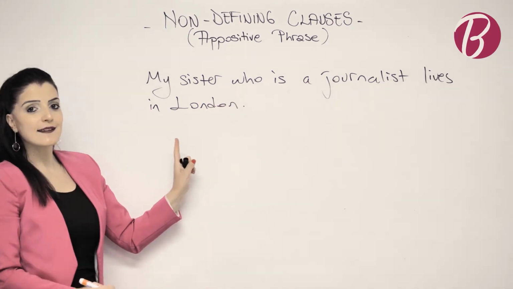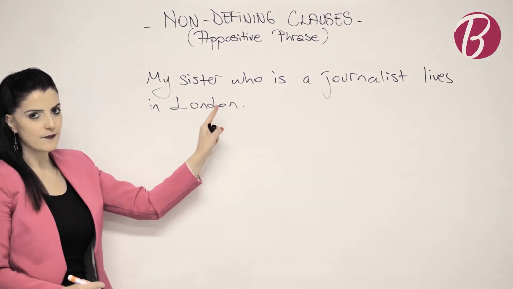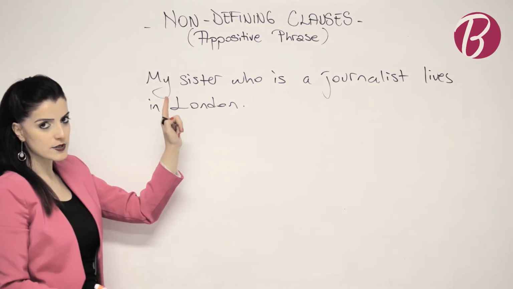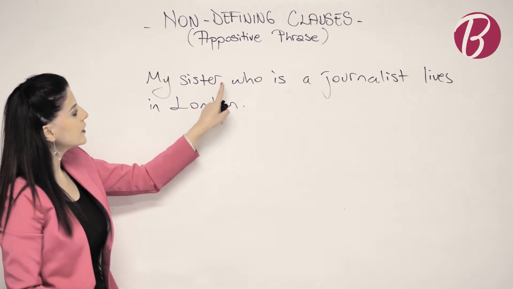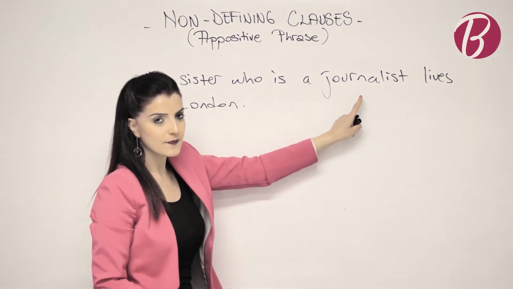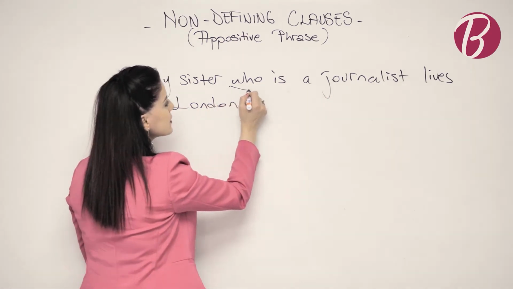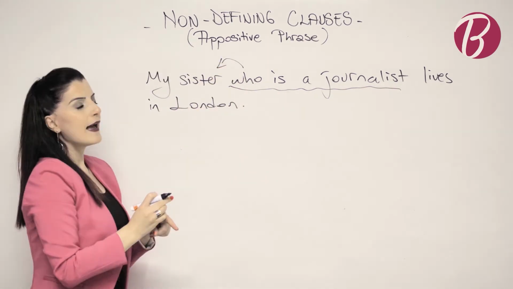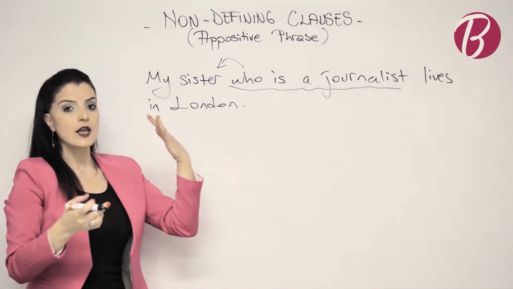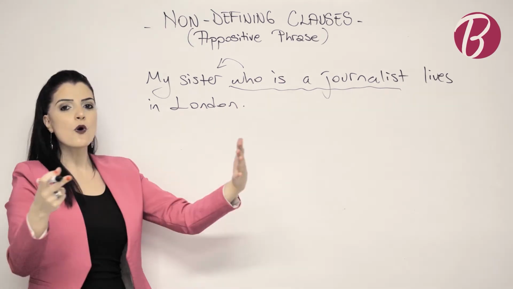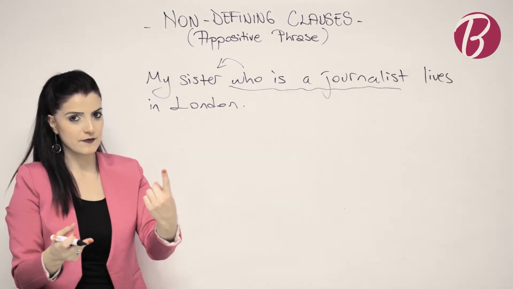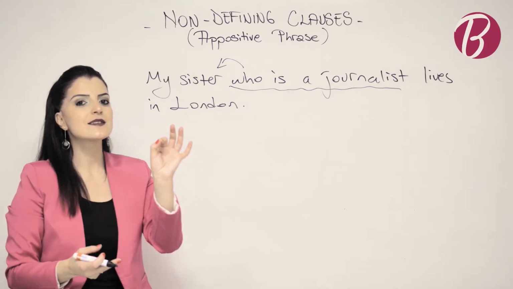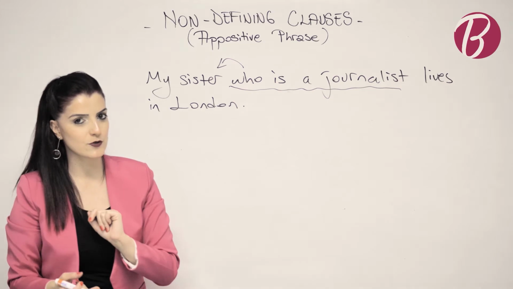When you make a sentence in this way, I mean by using a defining clause, my sister who is a journalist, it is a special feature of your sister, and I understand you have more than one sister and you want to explain which sister you are talking about.